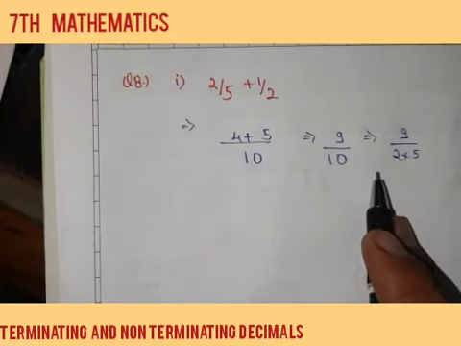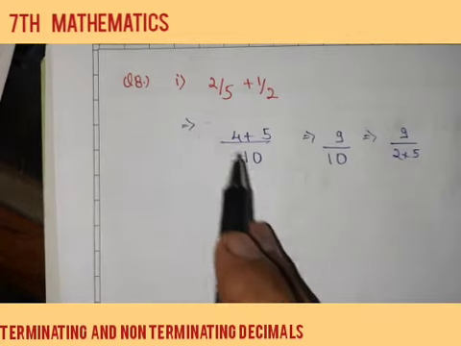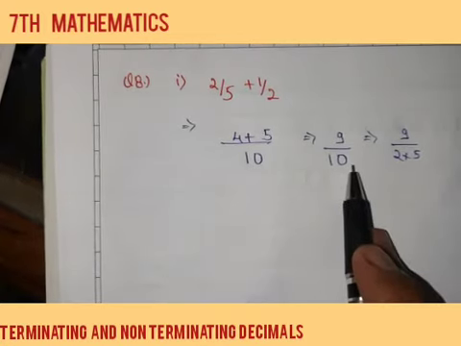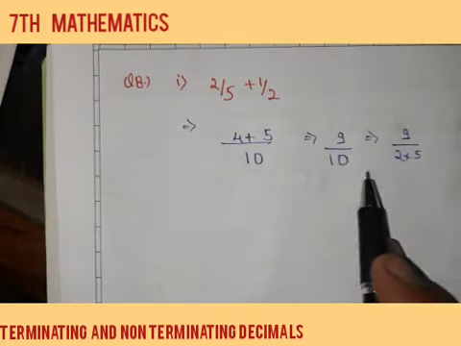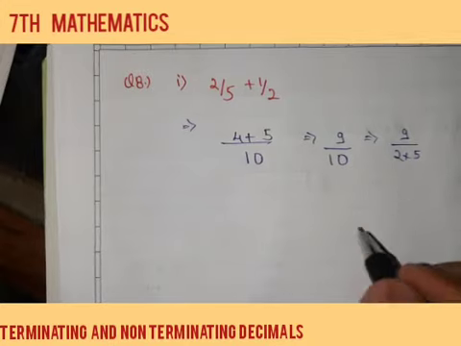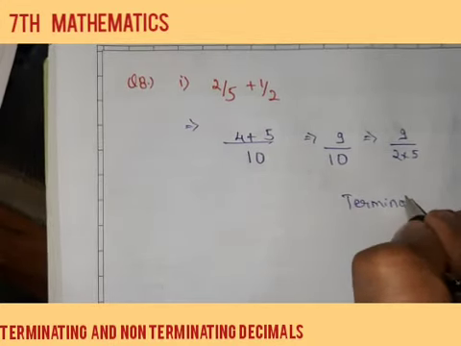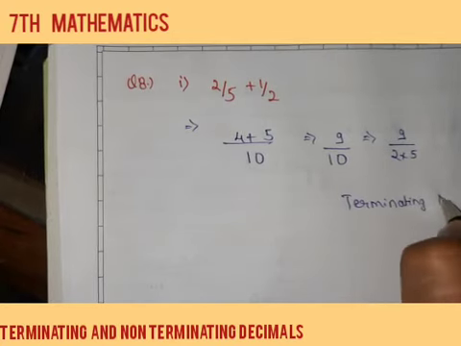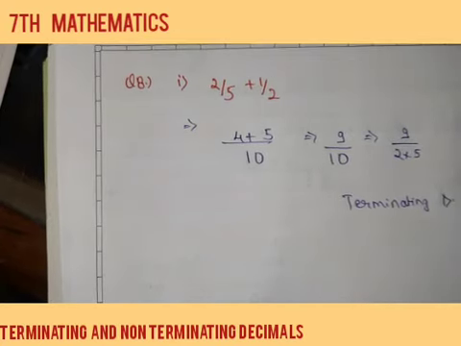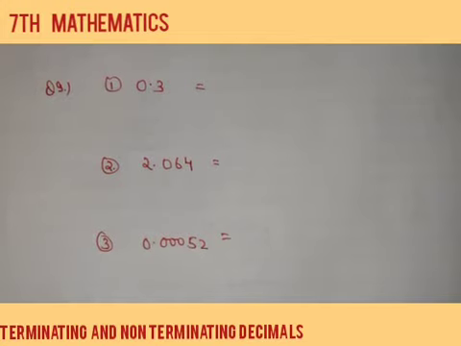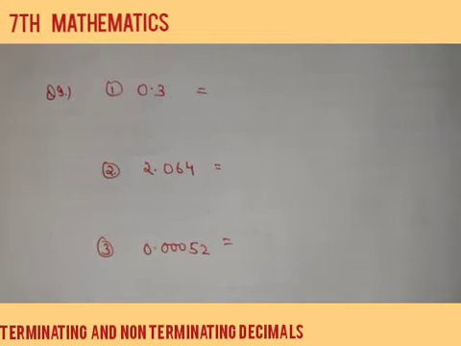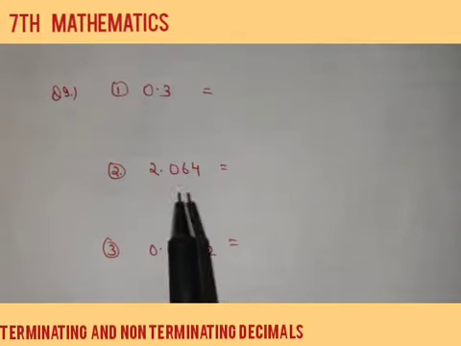So the sum 9 by 10 is a fraction whose denominator 10 has prime factors 2 and 5. Therefore 9 by 10 will be a terminating decimal representation.